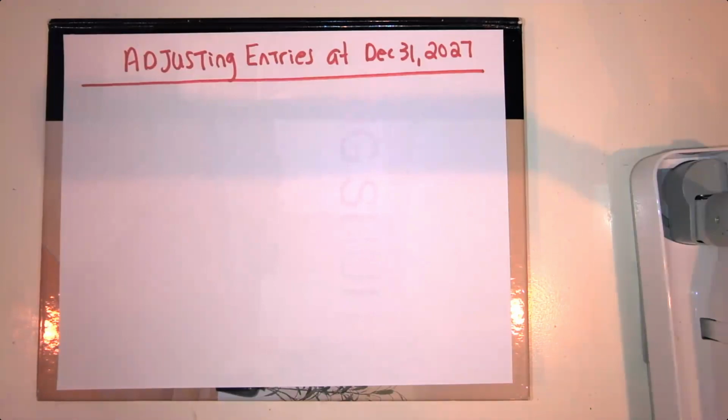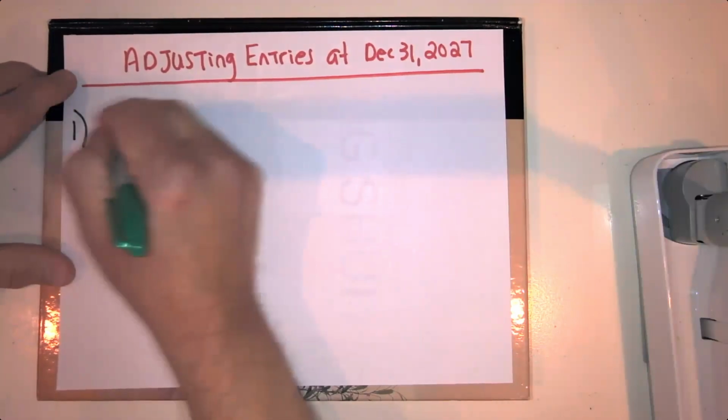But the key thing about these adjusting entries is we have to get a revenue or an expense recorded into the proper year. And the proper year of when we record an expense is when that expense is incurred. And it's incurred when the employees actually do the work. So we need to record salary expense in 2027, even though we have not yet paid the employees this money.